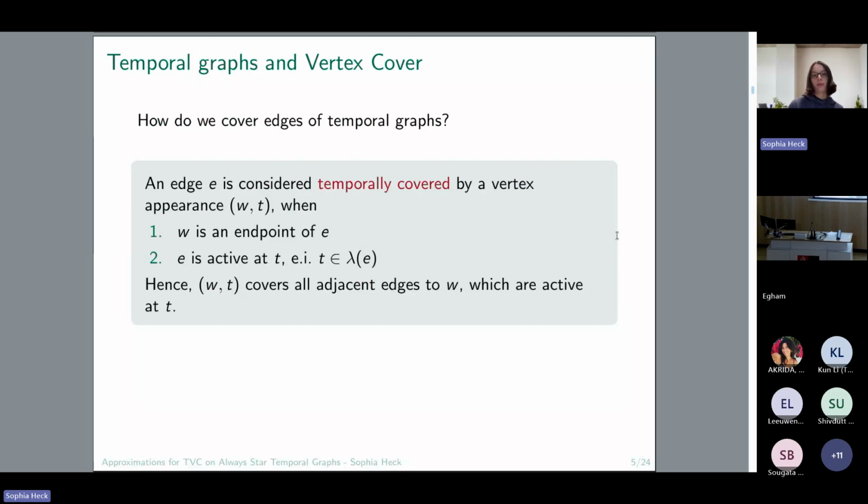We need to fulfill two things. First, the vertex w needs to be an endpoint of the edge. And secondly, the edge actually needs to be active at the time step t. So to speak, the vertex appearance (w, t) covers all adjacent edges of w which are active at time step t.